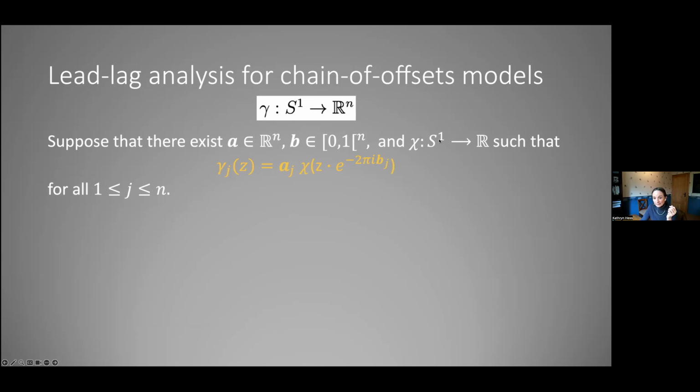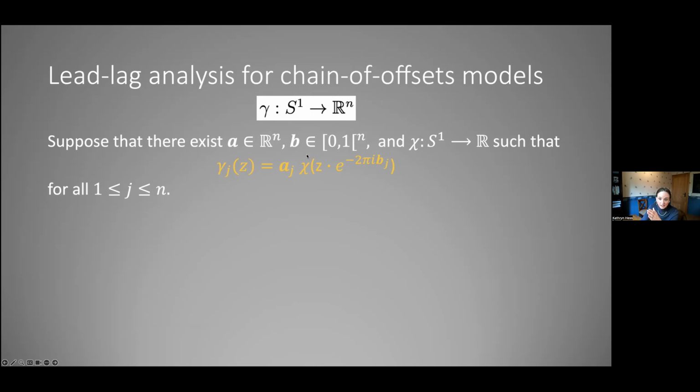And you have a cyclic function, chi, from the circle into the real numbers. So that when you evaluate gamma j for any component j on z, which is an element of S1, you can think of S1 as a subset of the complex plane, then there's this very simple expression for it.